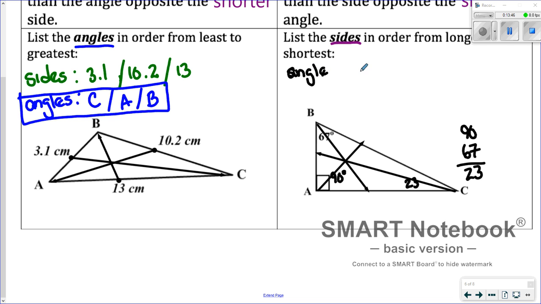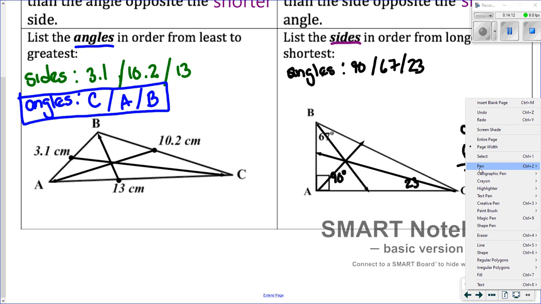It's from long to short, from big to small. This is just a reference for me to work with, so I know who's small and who's big. The biggest angle is 90, then the next one is 67, and then the next one is 23.